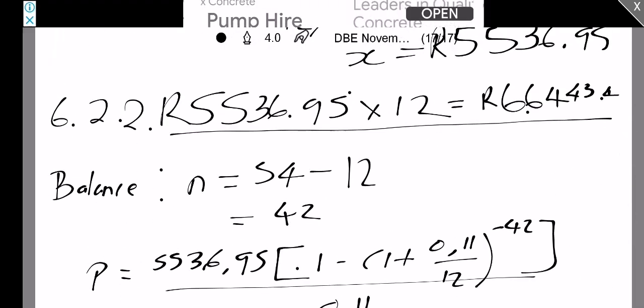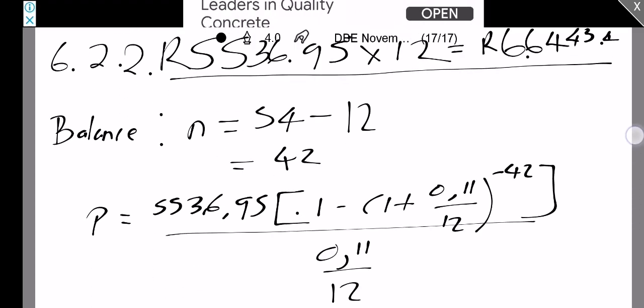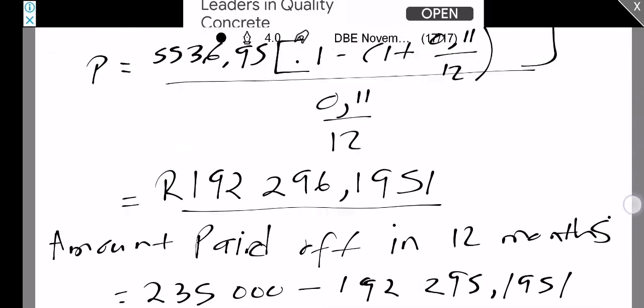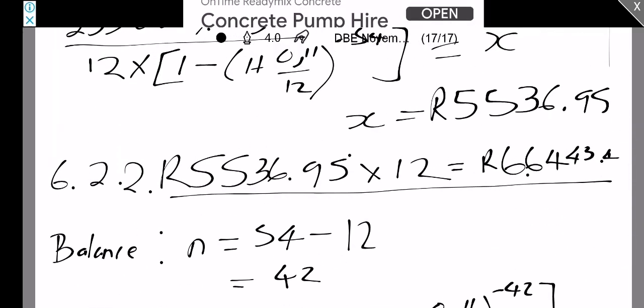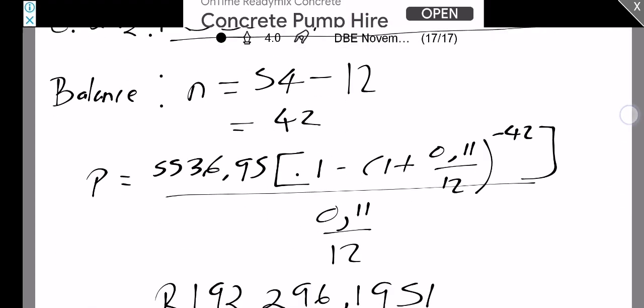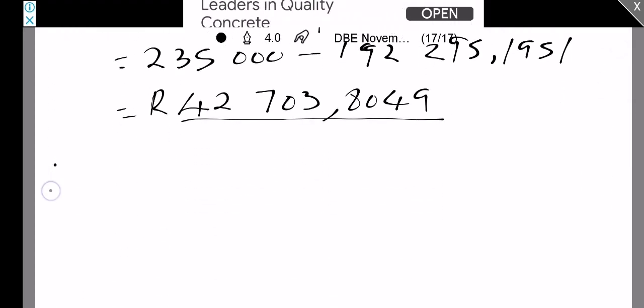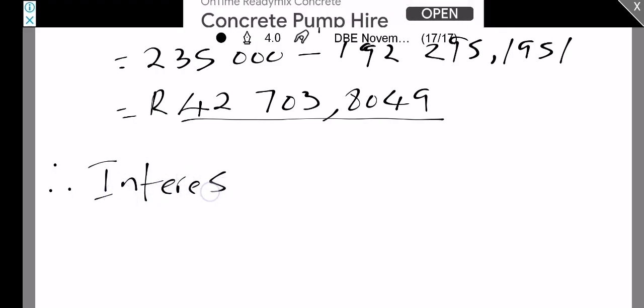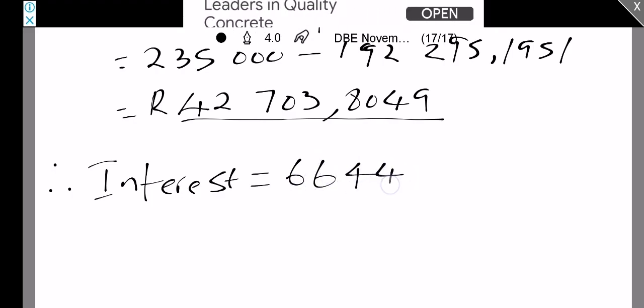This is 666,400, it is. Okay, let me just do this. Okay, it is 66,443.4. So therefore interest equals 66,443.4 minus this one.